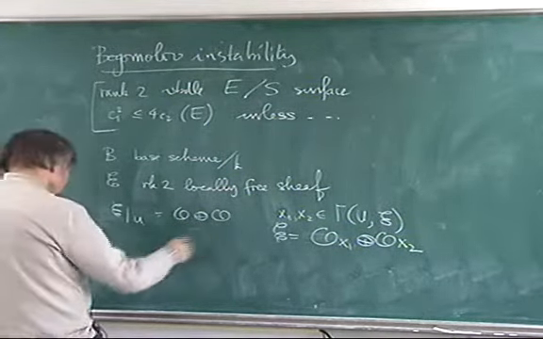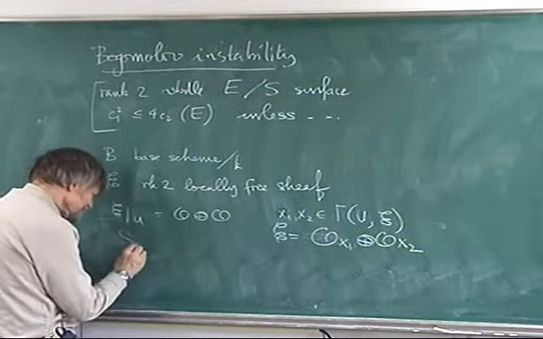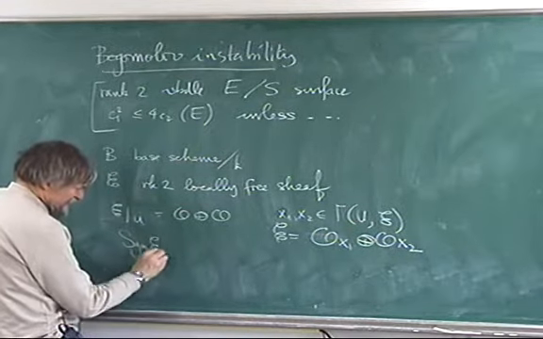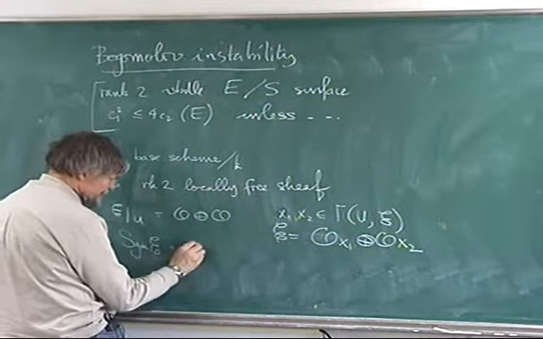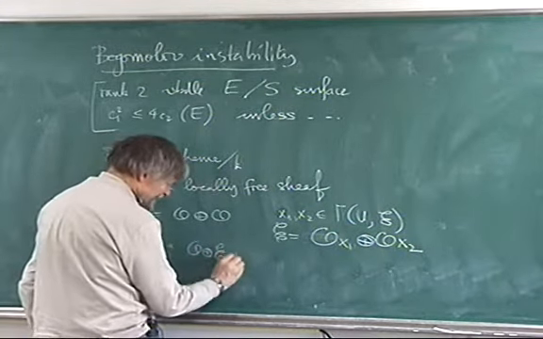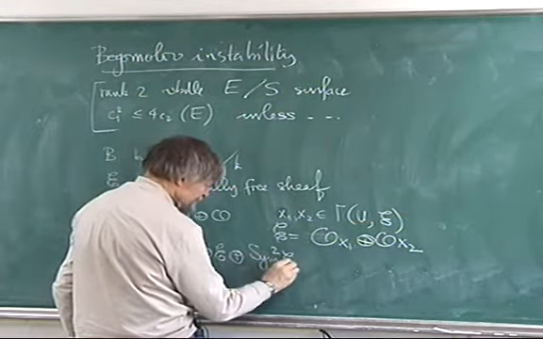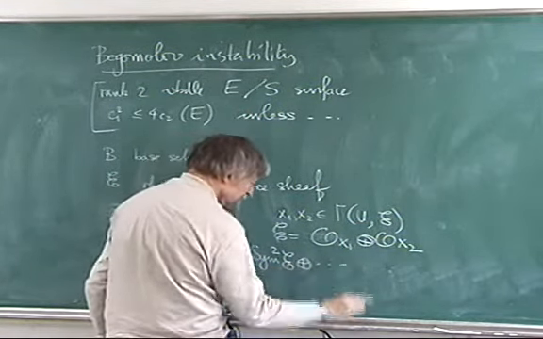Okay, so if I do this, then I can make the symmetric algebra of E. This is O direct sum E direct sum Sym^2 E direct sum, and so on.